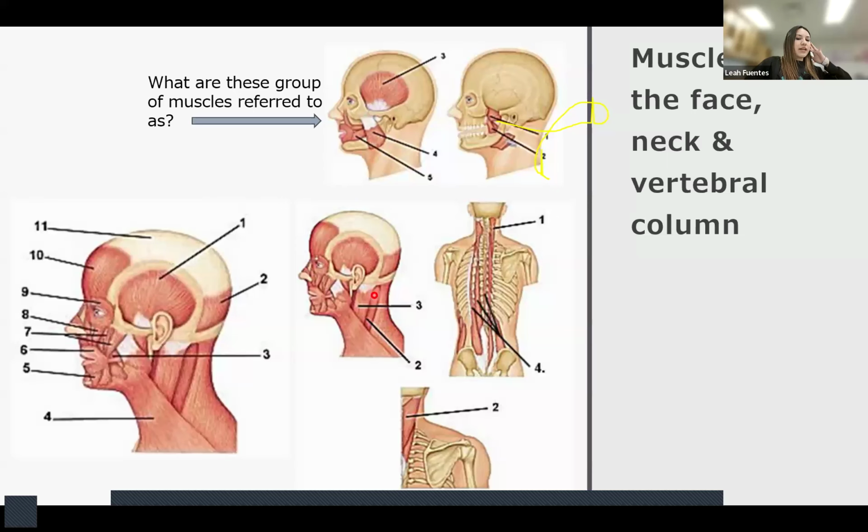And then it's going down. Eventually, it will hit our sternum and clavicle. So this is our sternocleidomastoid muscle. And then deeper to that, right in here, number 2, does anybody know what this one is? Yes, this is going to be our splenius capitis, which we will also see in a little bit.